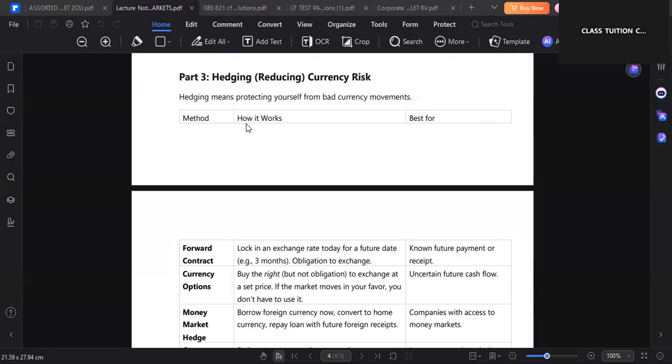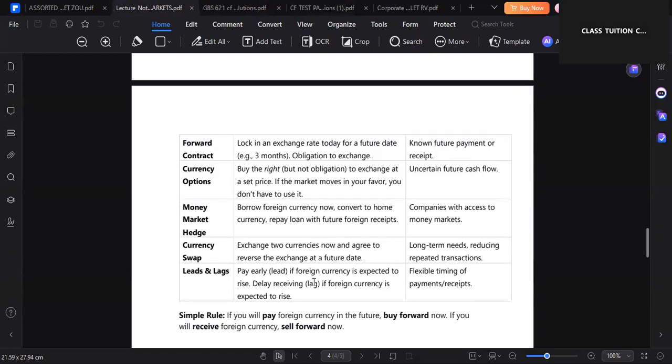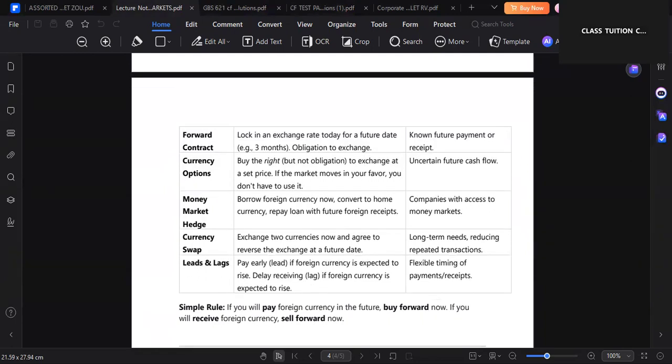The other method is the money market hedge. What happens? This is a little bit technical. You borrow an amount in a foreign currency, which is equal to what you will receive in future.